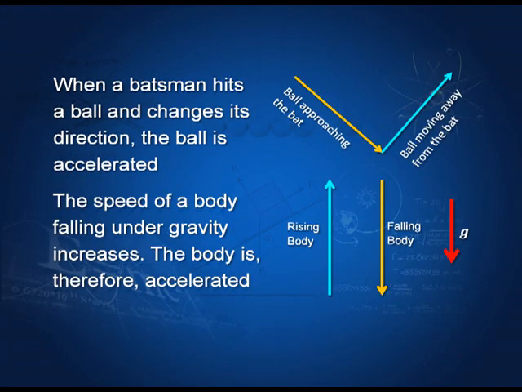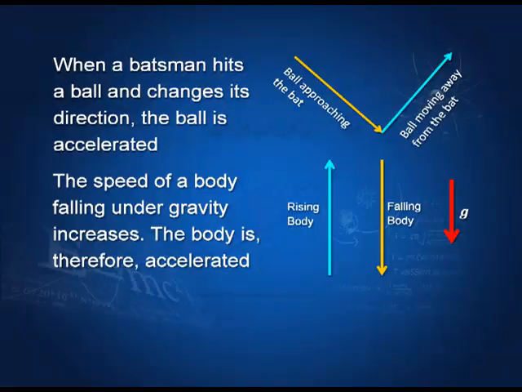Because there is a change in direction, and I have been emphasizing that a change in direction or a change in magnitude or both means that the motion is accelerated. So, the ball approaching the bat, the ball moving away from the bat, the direction changes, and therefore, the motion is accelerated. Why is it accelerated? Because there is the force of the bat. So, that makes it accelerated motion.